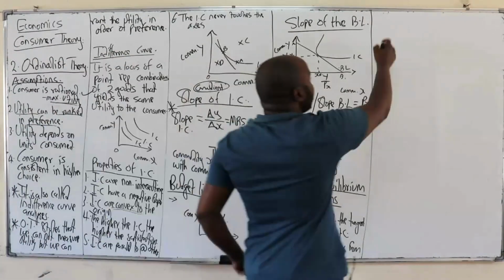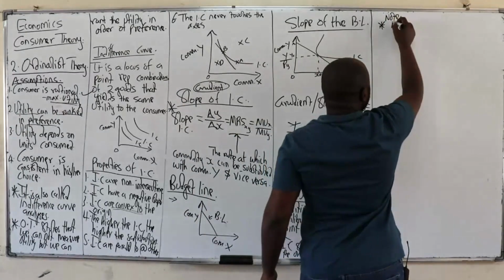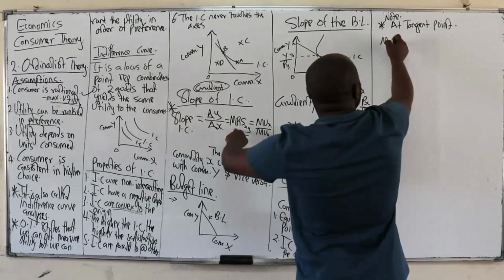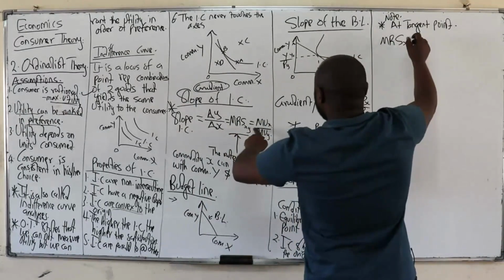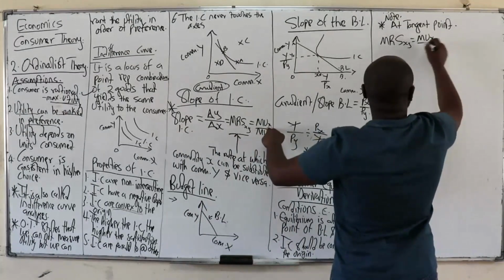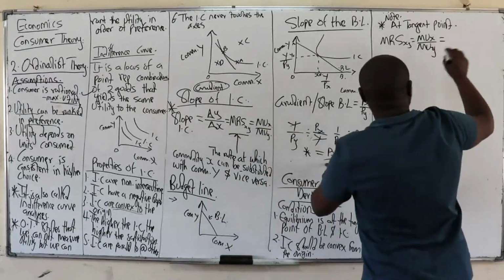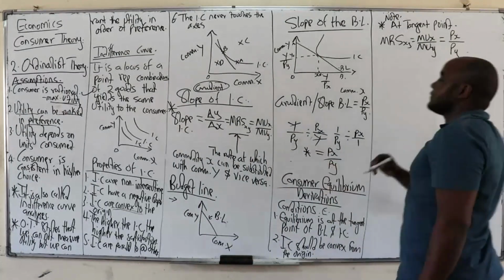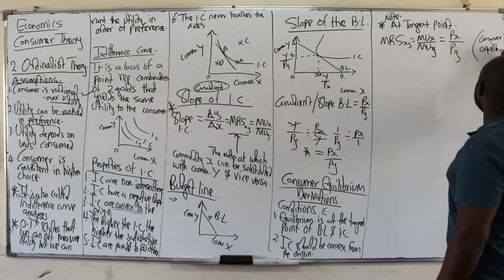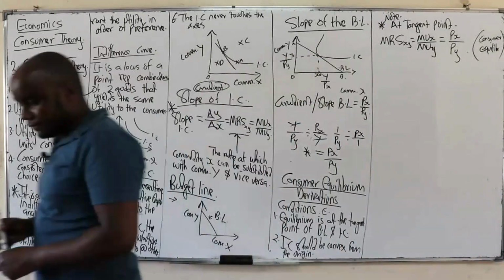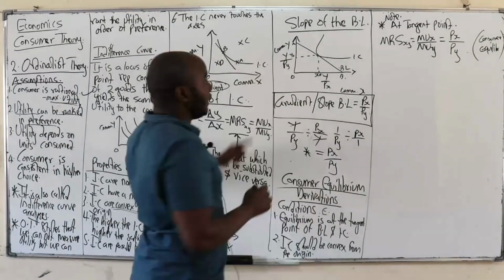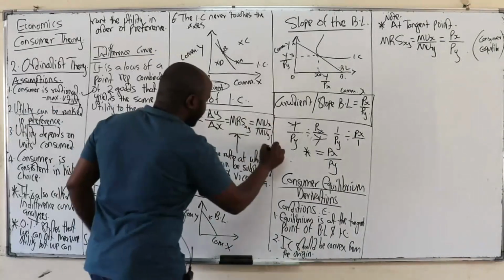So note, at the tangent point, the marginal rate of substitution of X and Y will be equal to the marginal utility of X divided by the marginal utility of Y, which is equal to the price of X divided by the price of Y. At this point the consumer is at equilibrium, whereby we are equating the slope of the budget line with the slope of the indifference curve.